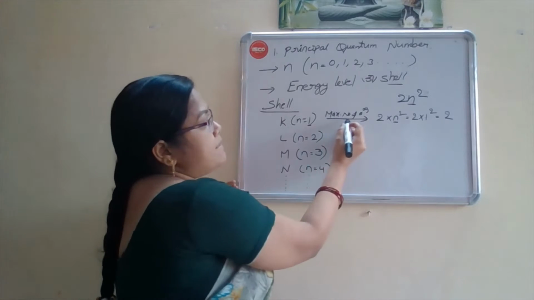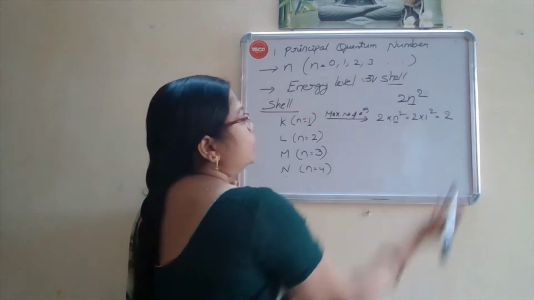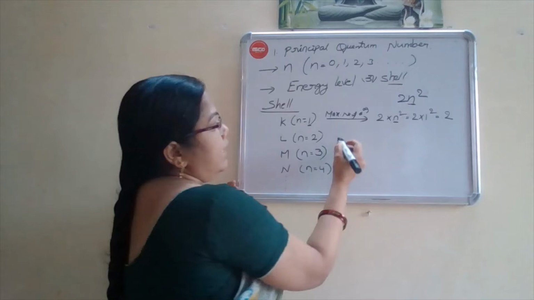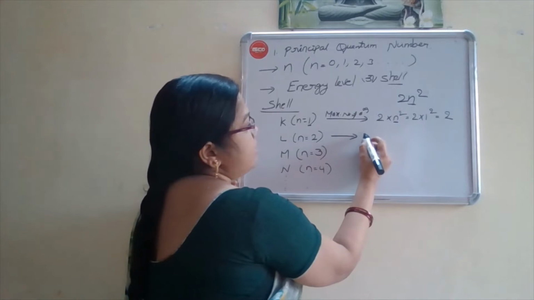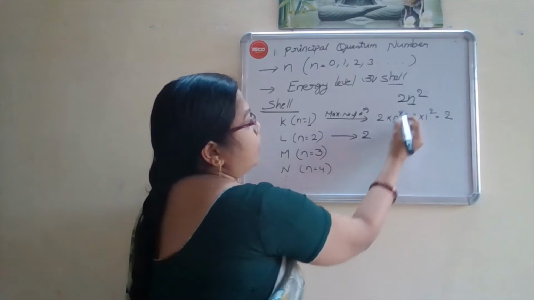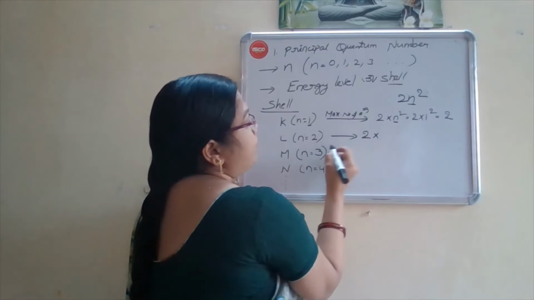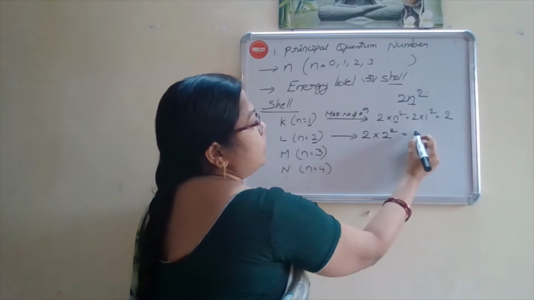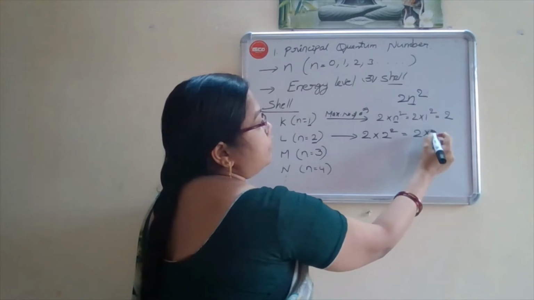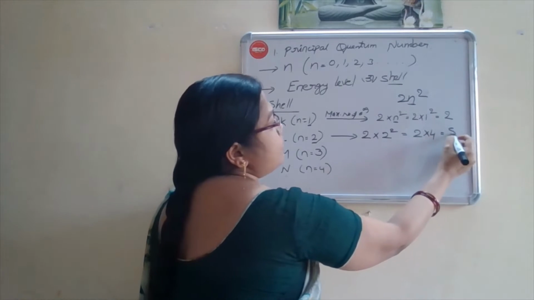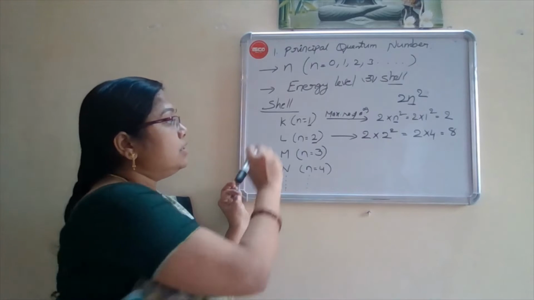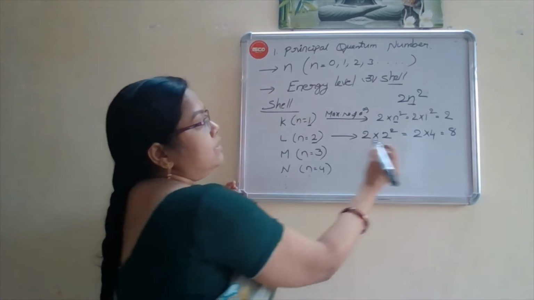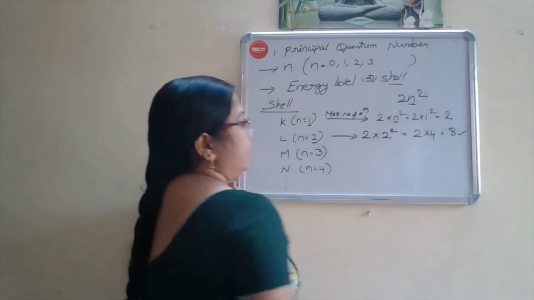K shell has a maximum of 2 electrons. For L shell, maximum number of electrons is calculated by 2n square. Here n is equal to 2, so 2 into 2 square, that is 2 into 4, that is equal to 8. For L shell, maximum number of electrons is 8.